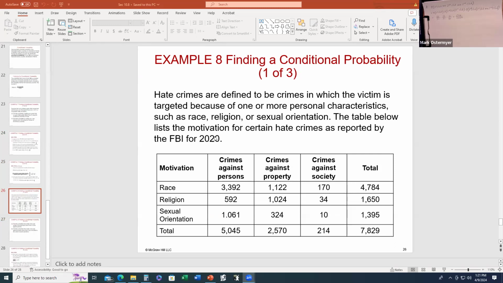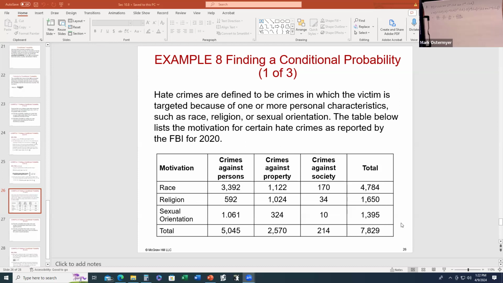The table below lists the motivation for certain hate crimes as reported by the FBI for the year 2020. So we got different motivations for crimes, and we got crimes against people versus crimes against property versus crimes against society. We have our column totals at the bottom and our row totals off to the right.